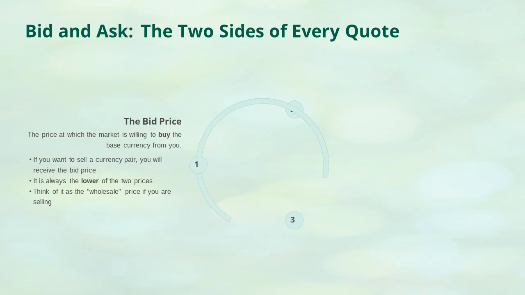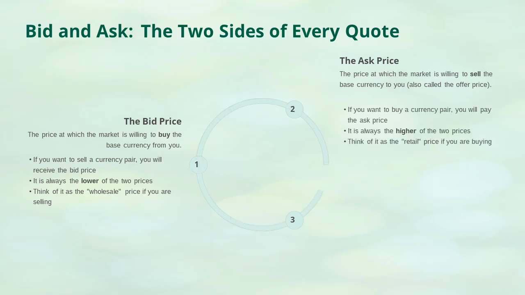The bid is always the lower of the two prices. Think of it as the wholesale price if you're selling. The ask price, sometimes called the offer price, is the price at which the market is willing to sell the base currency to you. If you want to buy a currency pair, if you're going long, you will pay the ask price. The ask is always the higher of the two prices. Think of it as the retail price if you're buying.